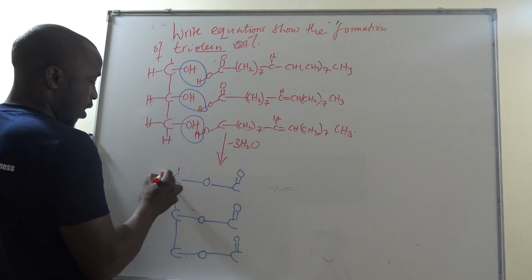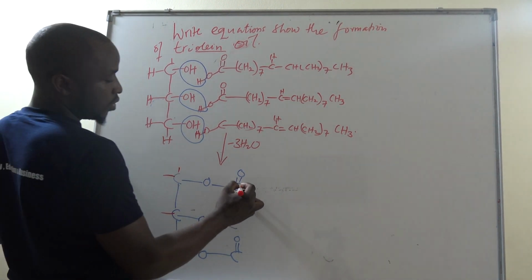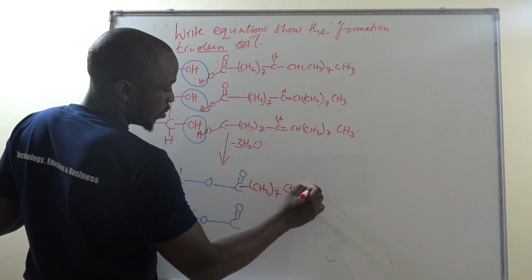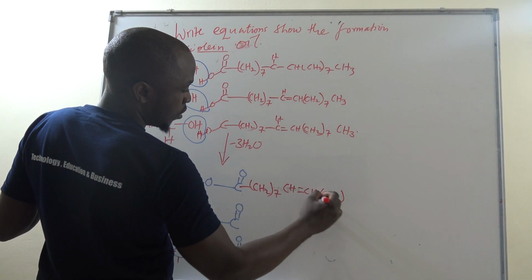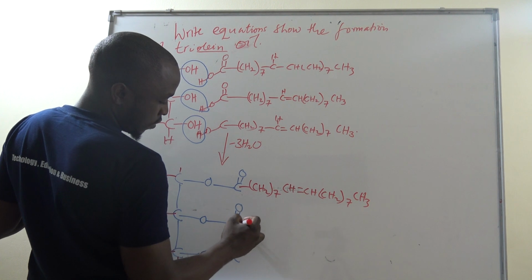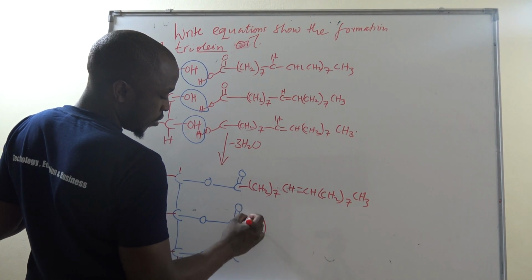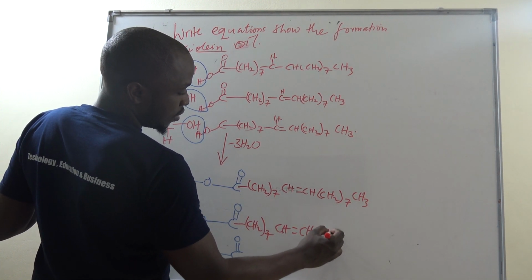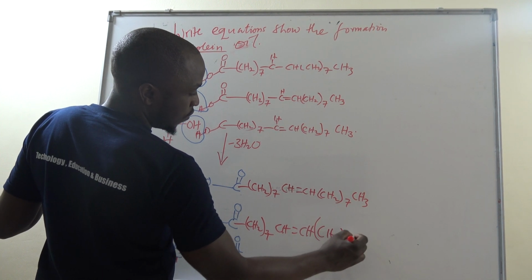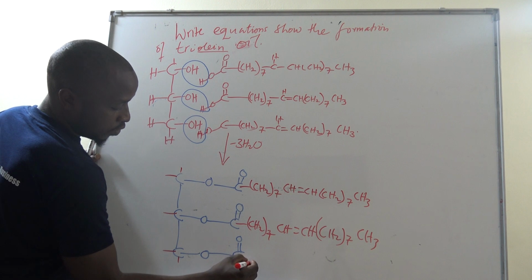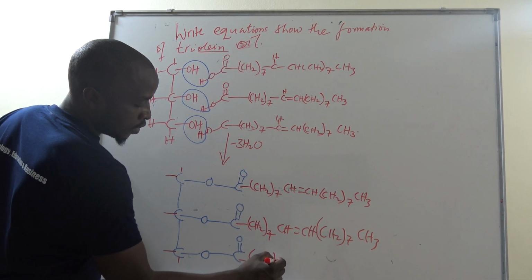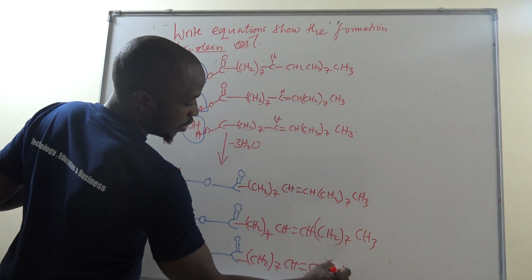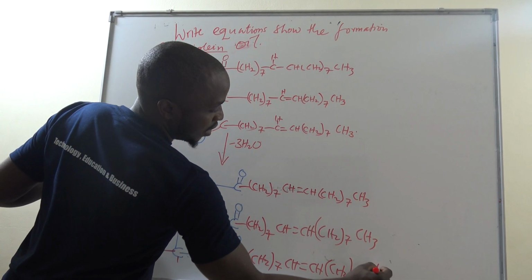So the others have remained the same. We still have our hydrogens this way, and we still have our CH2, 7, CH, double bond, CH, CH2, 7, CH3, then CH2, 7, CH, double bond, CH, CH2, 7, CH3, still the same thing here, CH2, 7, CH, double bond, CH, CH2, 7, CH3.